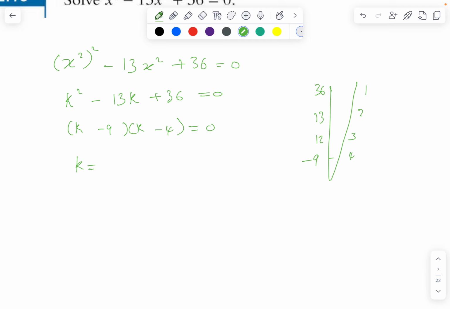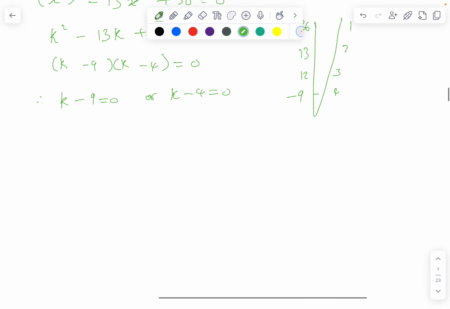Therefore, k minus 9 equals 0, or k minus 4 equates to 0. And in this scenario, we'll just say k equates to 9 or k equals 4, because we just take these ones across the border and the sign changes.